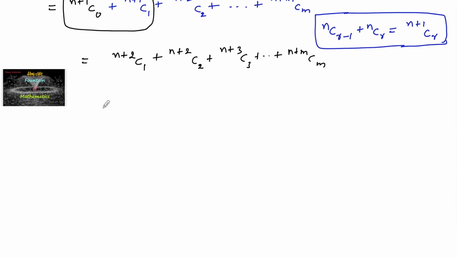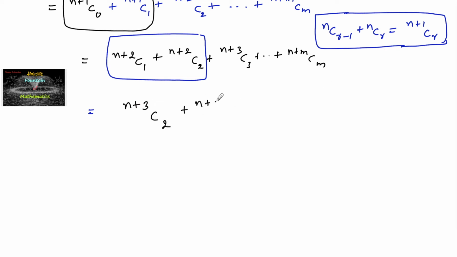So which can be written again by using the property n plus 2 C 1 plus n plus 2 C 2, where r minus 1 is equal to 1 and r is equal to 2. So n is equal to n plus 1, so we can write this as n plus 2 plus 1, that is n plus 3 C r is equal to 2 plus n plus 3 C 3 and so on up to n plus m C m.